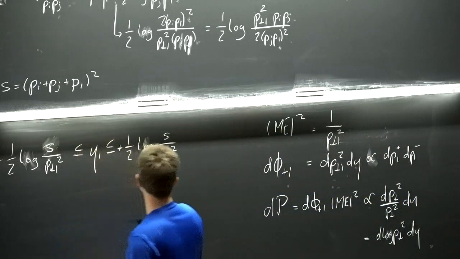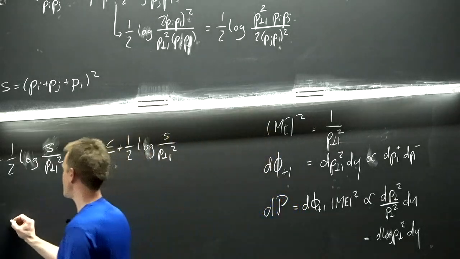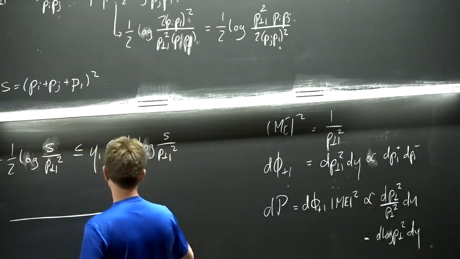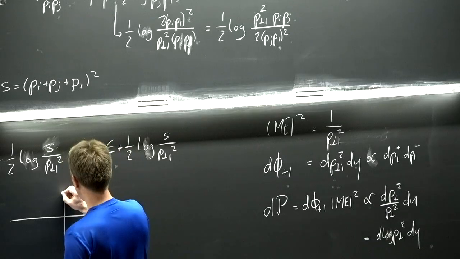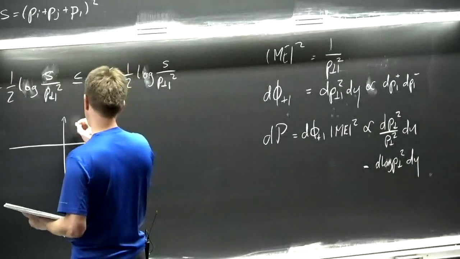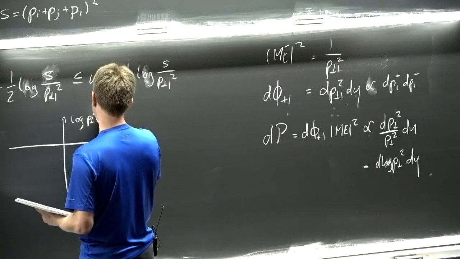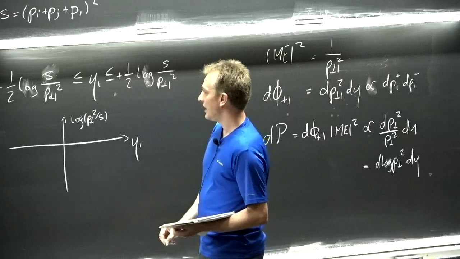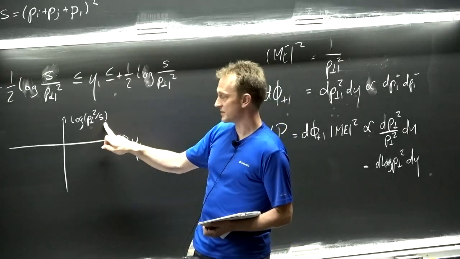I also know these phase-space boundaries on the rapidity. So let me start drawing. I draw a plane where I put rapidity of 1 here on the abscissa, and I put the logarithm of pt squared over s on the ordinate. So my allowed phase space has to have pt squared smaller than s, right?